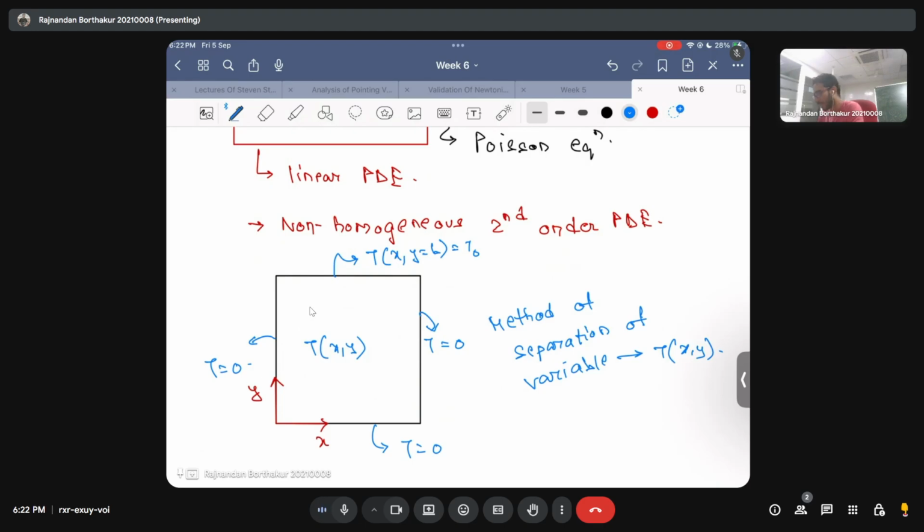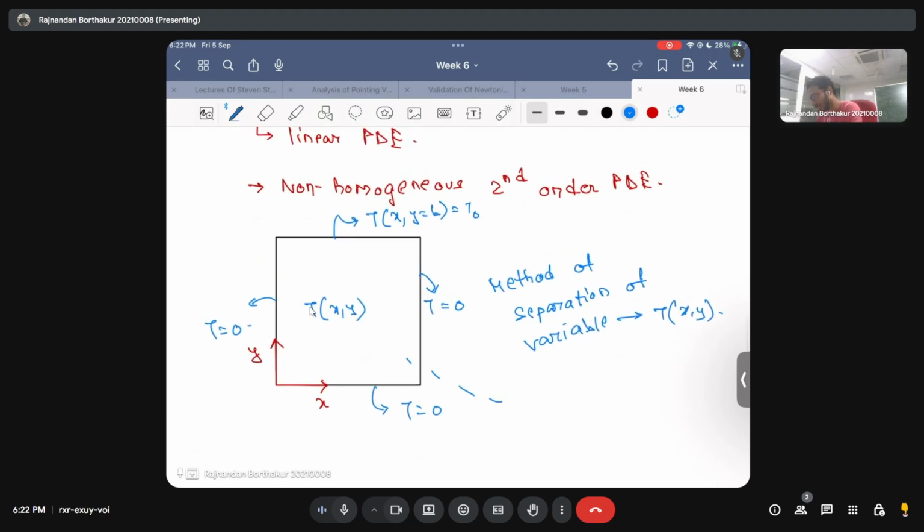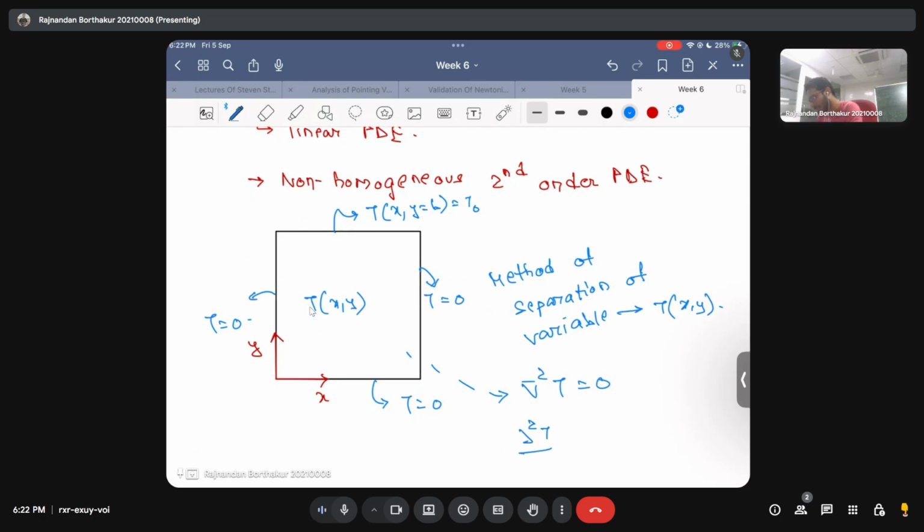So you can appreciate that the governing equation for this scenario would just be Laplacian of T equal to 0, because we don't have heat generation, which means that the equation that we need to solve is del square T by del x square plus del square T by del y square is equal to 0, subjected to certain boundary conditions. Your temperature on these faces is equal to 0, and your temperature on this face is equal to some T naught.